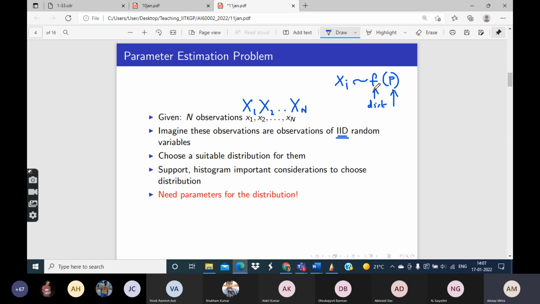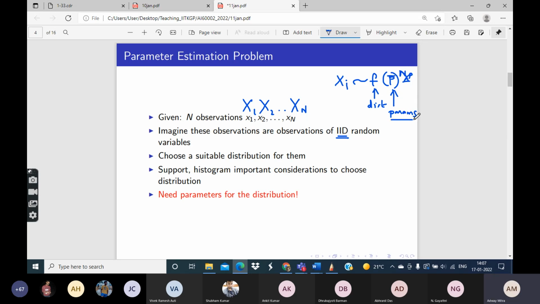If f is the Bernoulli distribution, then p will be the Bernoulli parameter. If f is, say, the binomial distribution, then p will not be a single thing but two things, N and p. So by p I just mean parameter or parameters.